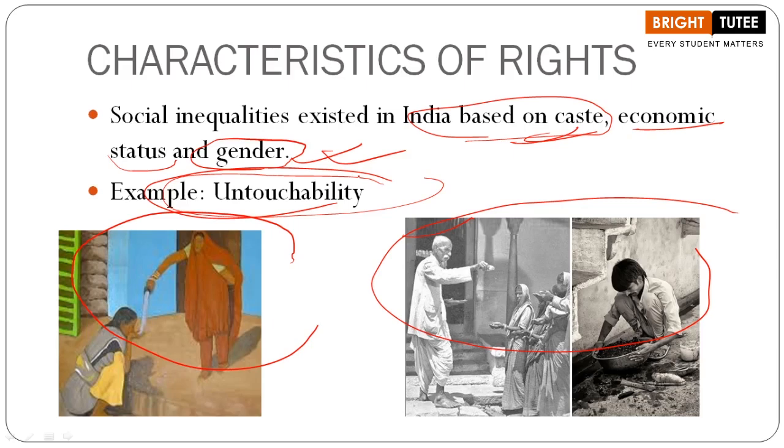Now, if these rights are infringed or violated, each and every citizen who feels that their rights have been violated can move to the court directly and ask for help. They can ask what process they have to follow lawfully in order to challenge the person who is misbehaving with or discriminating against them.